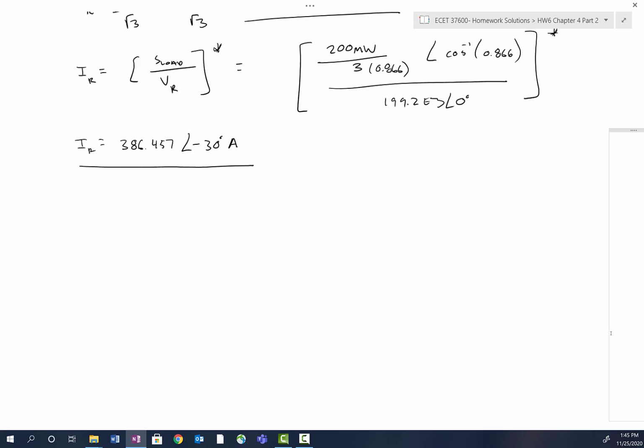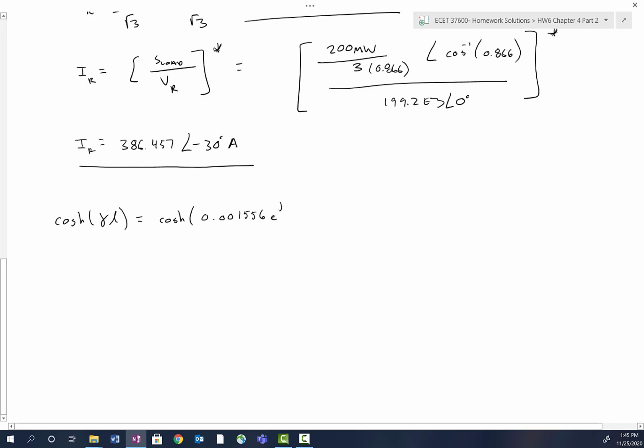So the cosh that we're going to use is the cosh of the product of the complex propagation constant and the line length. So this is going to be equal to cosh of the complex propagation constant I calculated earlier in the problem statement, 0.001556 e^j1.50452.